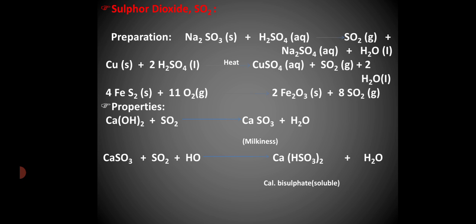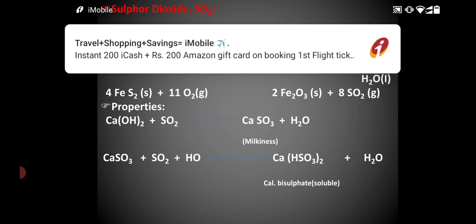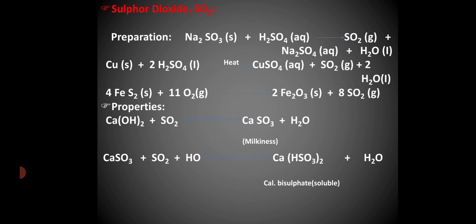Milk of sulfur: when flowers of sulfur are boiled with milk of lime, that is Ca(OH)2 plus S, it gives calcium pentasulfide CaS5 plus calcium thiosulfate CaS2O3 plus water.